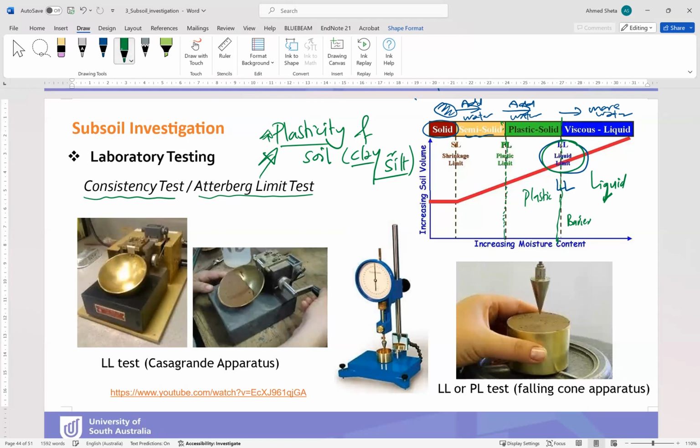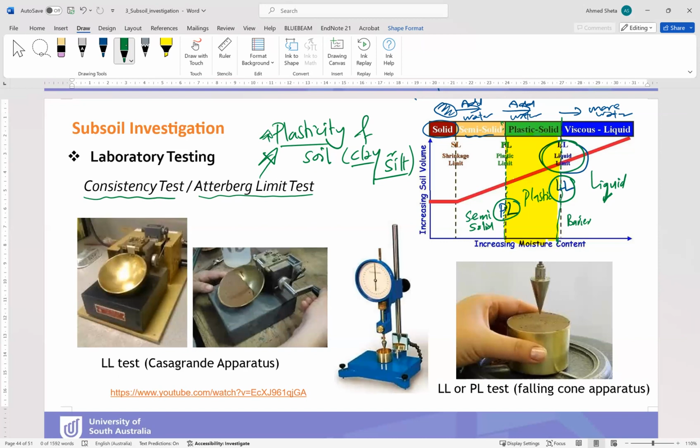This barrier is the plastic limit. The important area for us is the plastic area, limited by the liquid limit from the right and the plastic limit from the left.